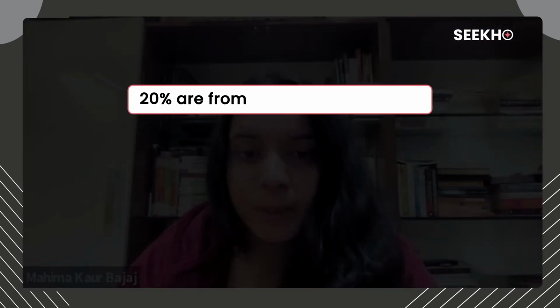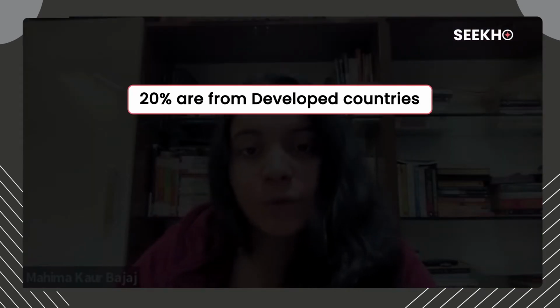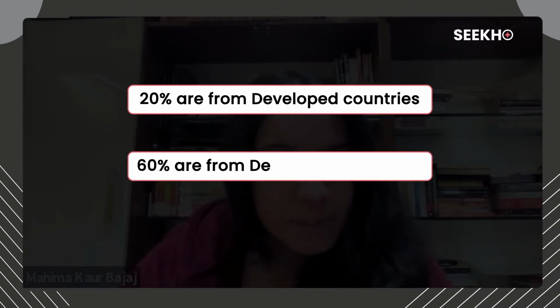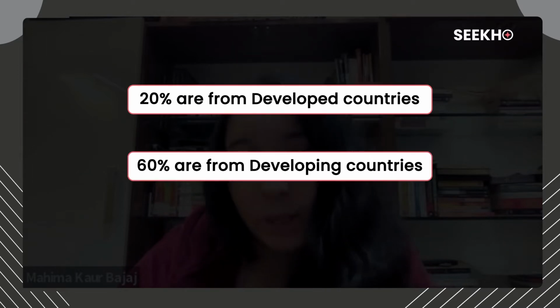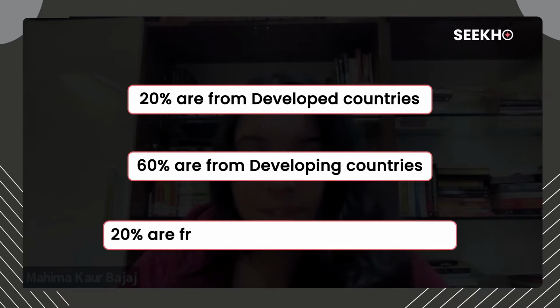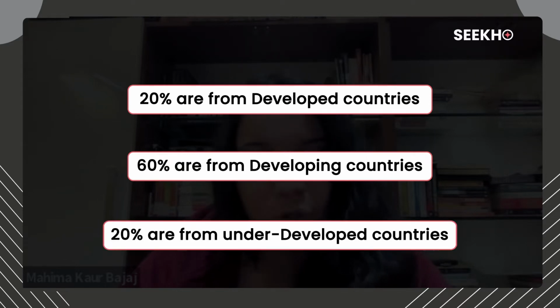So out of these 3.5 billion people who have access to internet, we are assuming 20% of them are from developed countries, 60% of them are from developing countries, and 20% of them are from underdeveloped countries.